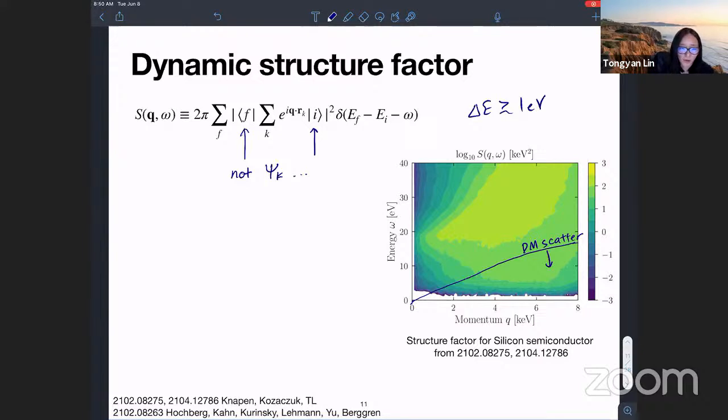And if you do that, it introduces additional effects, basically screening in the material, as you're exciting the material as a whole. So it's a many-body effect. In any case, I won't go into that other than to comment that you can't just use the Bloch states in the initial and final states when thinking about this dynamic structure factor. You have to account for various many-body effects.